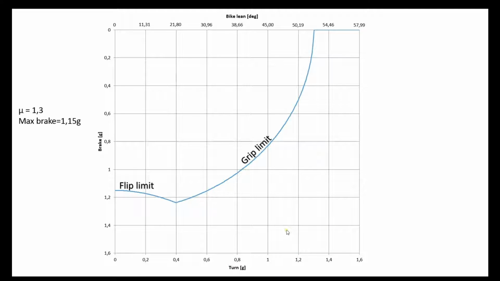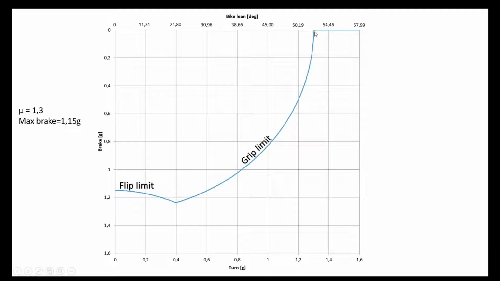And here is the bottom right corner of the same circle. Here I have done the calculations for a coefficient of friction of 1.3, and that is representing how much grip you have, so that is the grip limit. So the radius of the grip circle is 1.3.